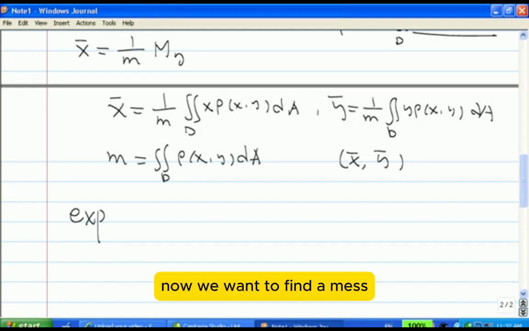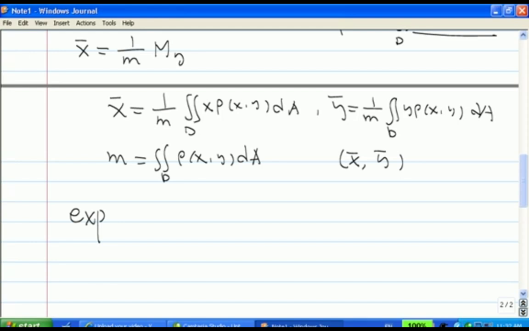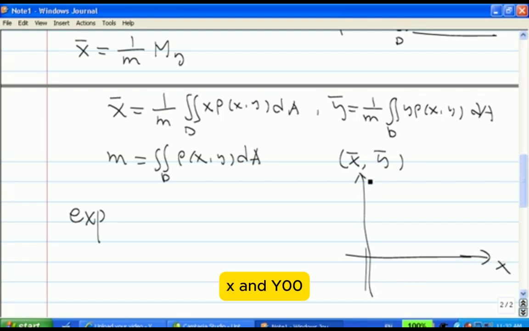Now we want to find the mass and the center of the mass of a triangle with the vertices (0, 0), (1, 0), (0, 2). Here's a 1, here's a 2.